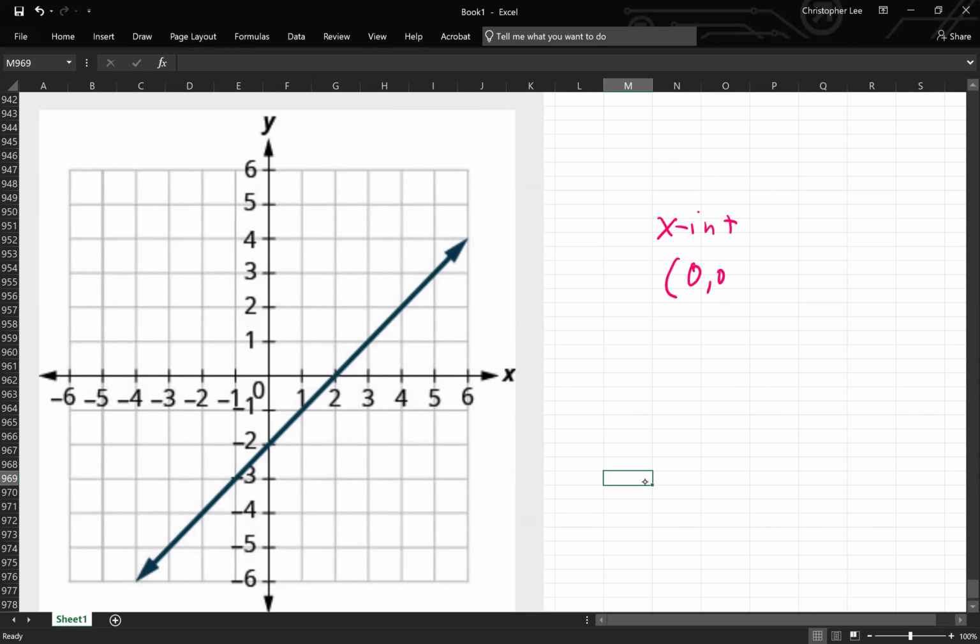Like (0, 0)? Oh, (2, 0). Got you. That's perfect. What's the y-intercept? (0, -2). Very good.